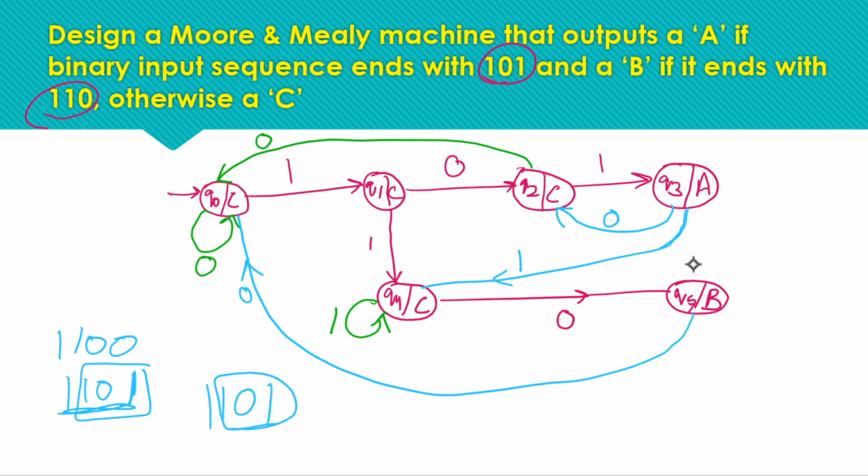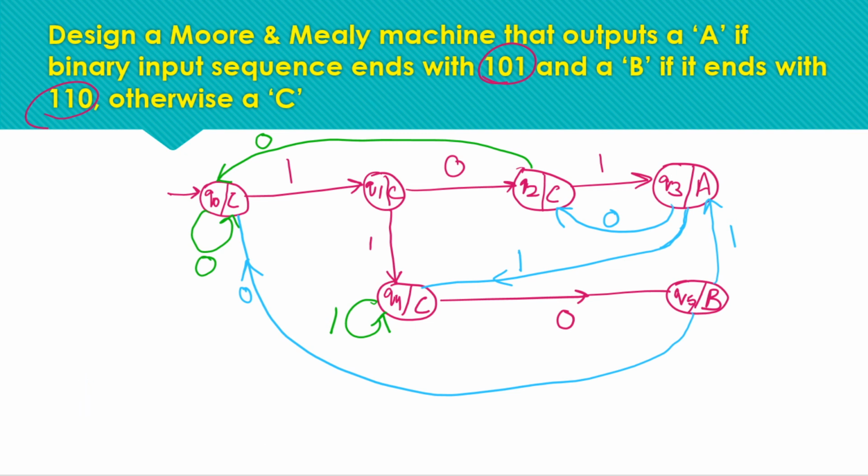So for that we have to be at q3, because q3 is the dedicated state for 1 0 1. If we are getting 1 0 1, then we need to move to q3 for the next input symbol as 1. So this is our complete transition diagram of the Moore machine for this question.